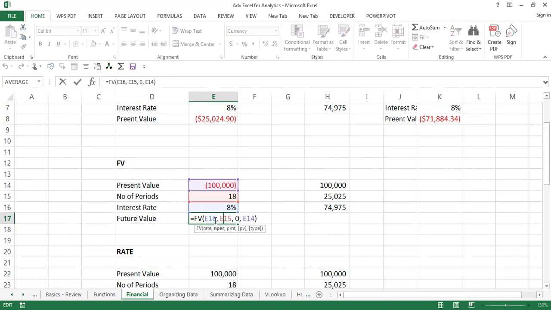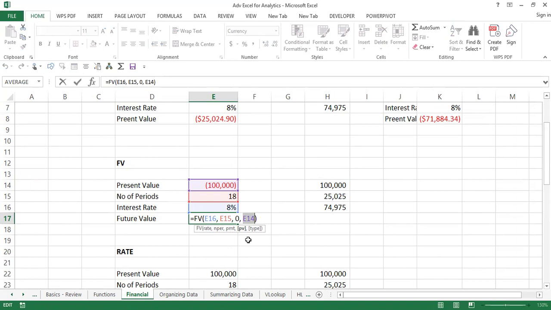So you have already done it. Just do your future value. You just follow the hint here. Specify the rate, number of periods, payment amounts, and all that.